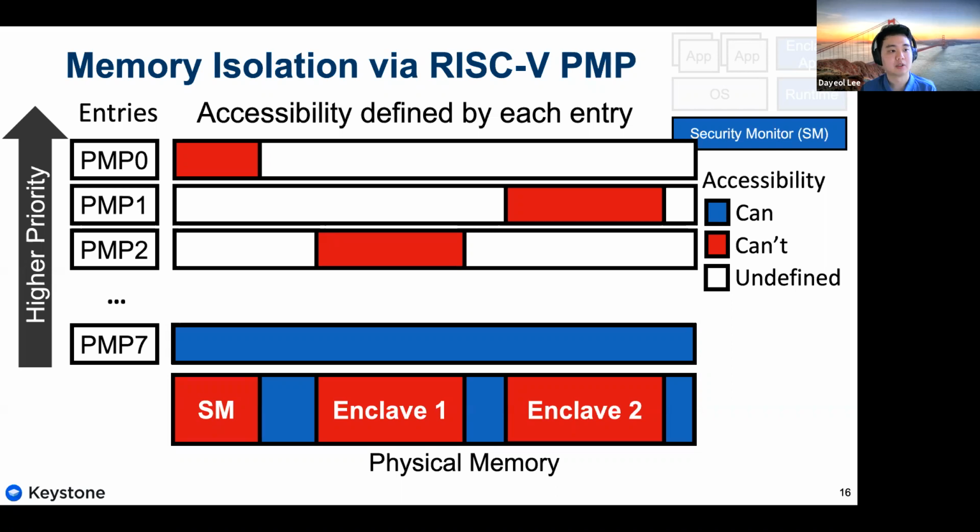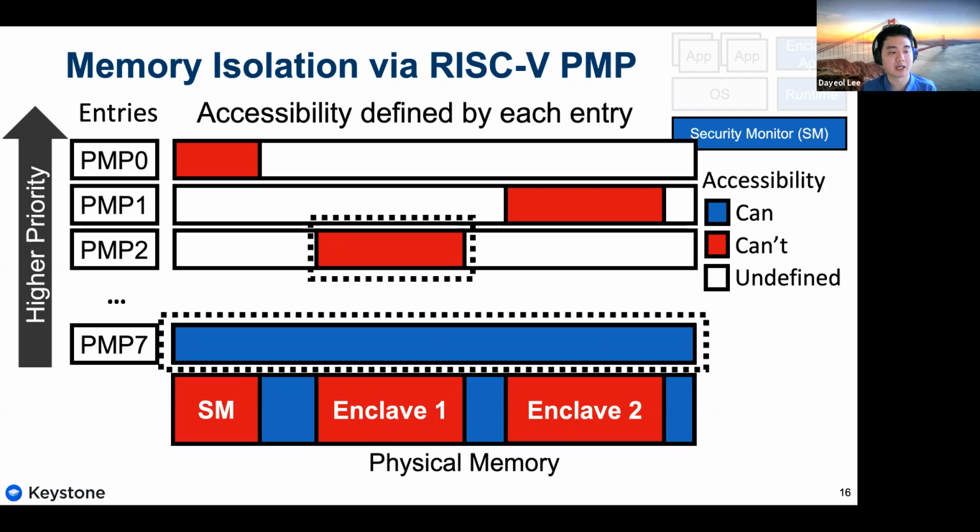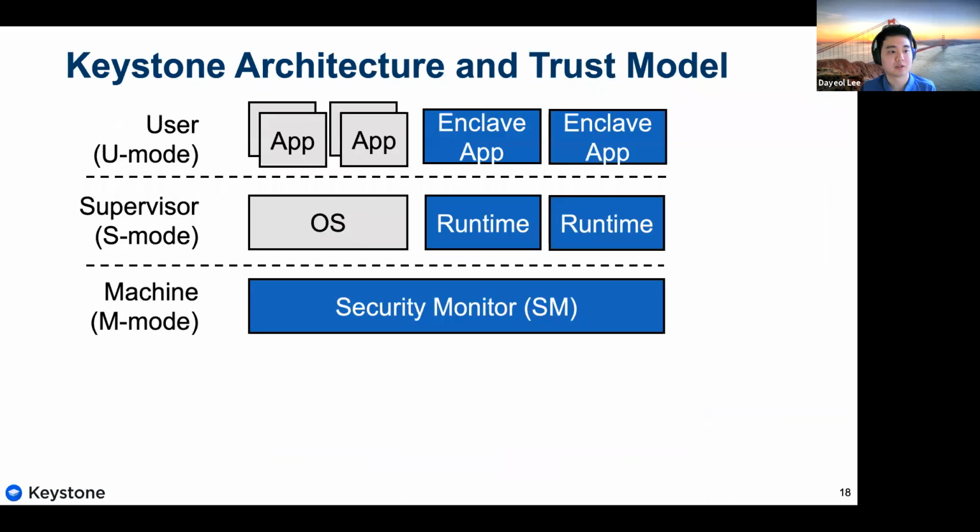And then when you want to execute the code inside an enclave, for example, enclave 1, the security monitor will figure out which PMP entries are related, and flip the permission bits so that only enclave 1's memory is accessible. By using that, the enclave memory becomes exclusively accessible only when we execute the enclave code. So this is basic physical memory protection.